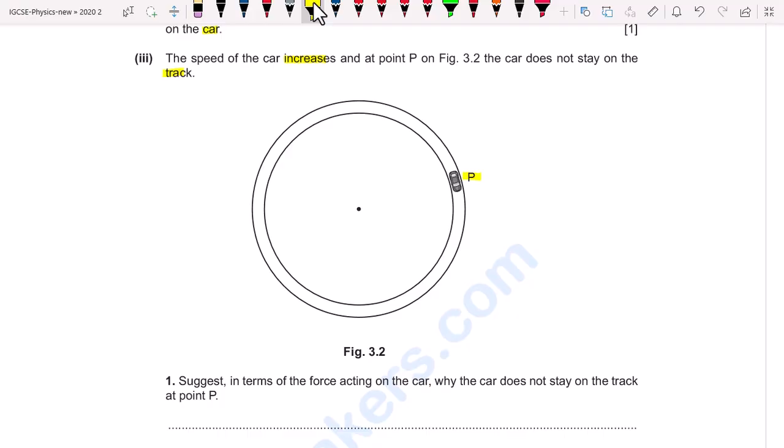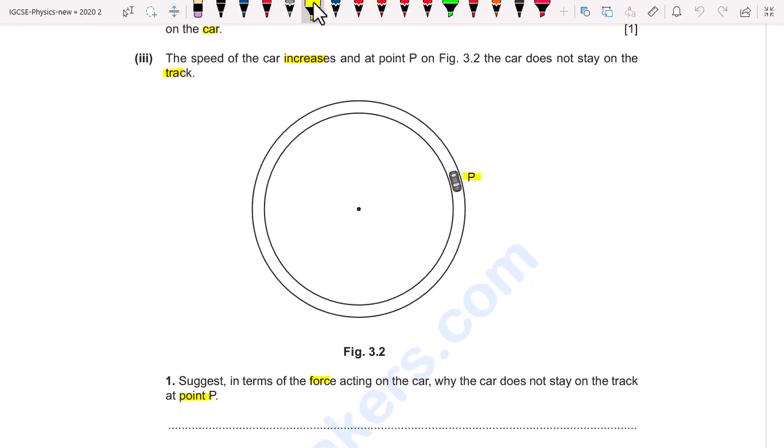1. Suggest in terms of force acting on the car why the car does not stay on the track at a point P. So I already discussed that the resultant force acting on the body in the inward direction for a body to move into the circular path. So if there is no net force that is acting towards the center of circle, so the body will not move into the circular path.